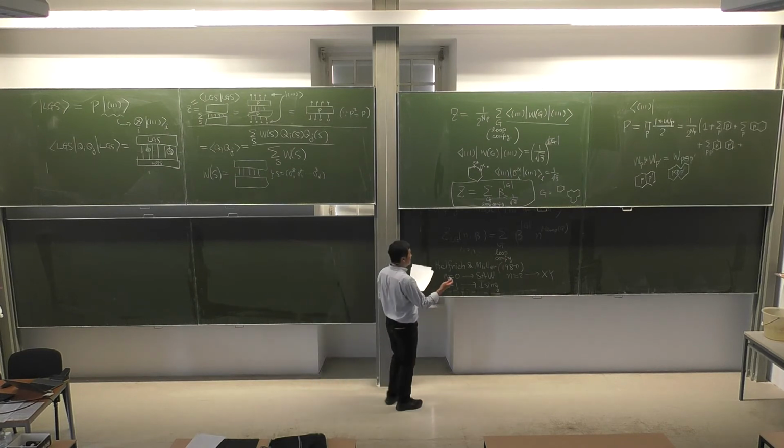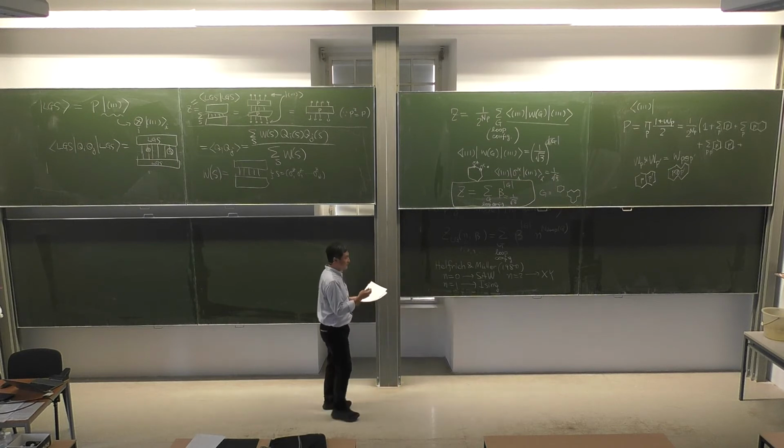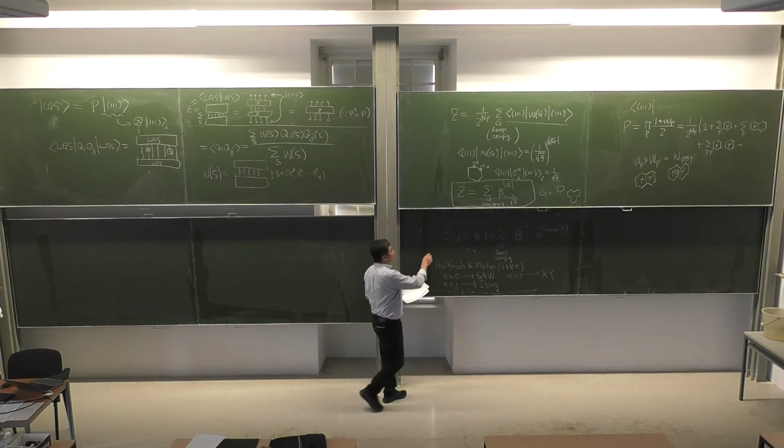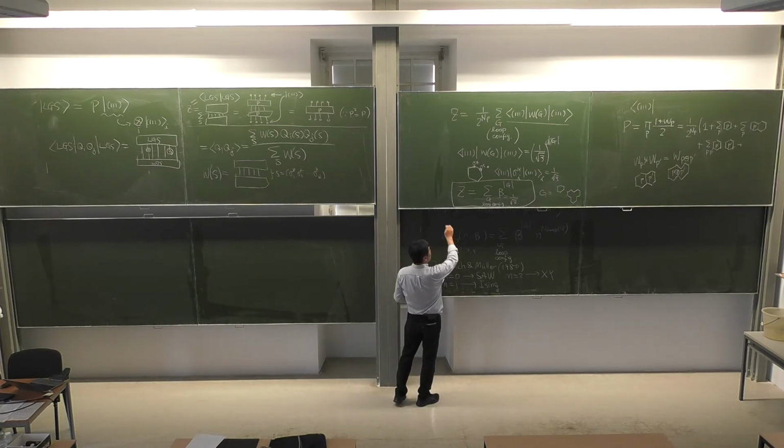So there is a known correspondence between the loop gas model with various color number n and more familiar models.